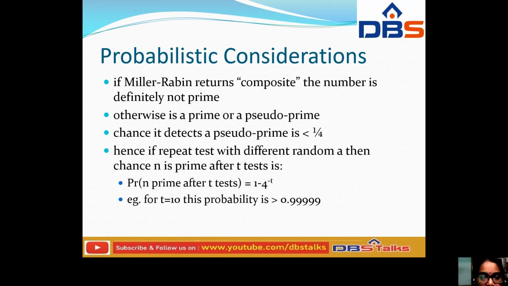Hence, if we repeat the test with different random numbers, the chance that it is a prime after t tests is 1 minus 4 power minus t. For example, for t equal to 10, the probability is greater than 0.9999. So we can say the chance of detecting a pseudo prime is less than 1/4.